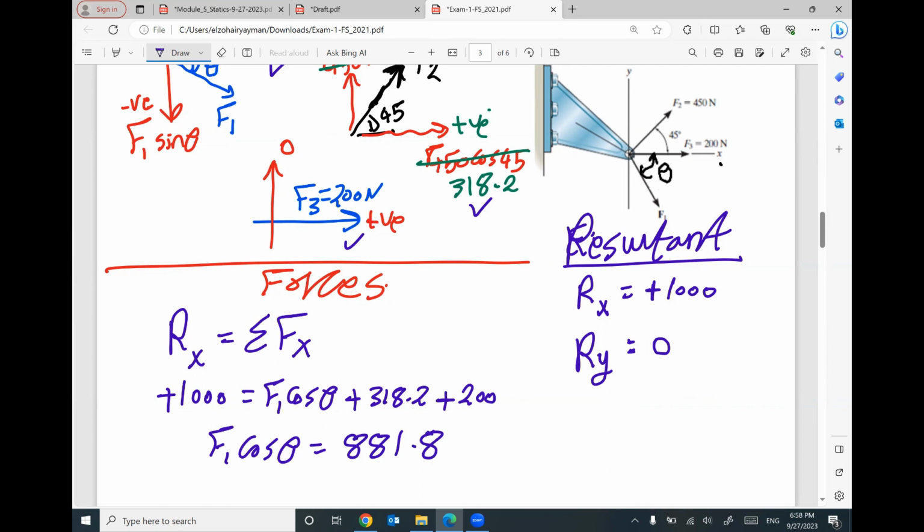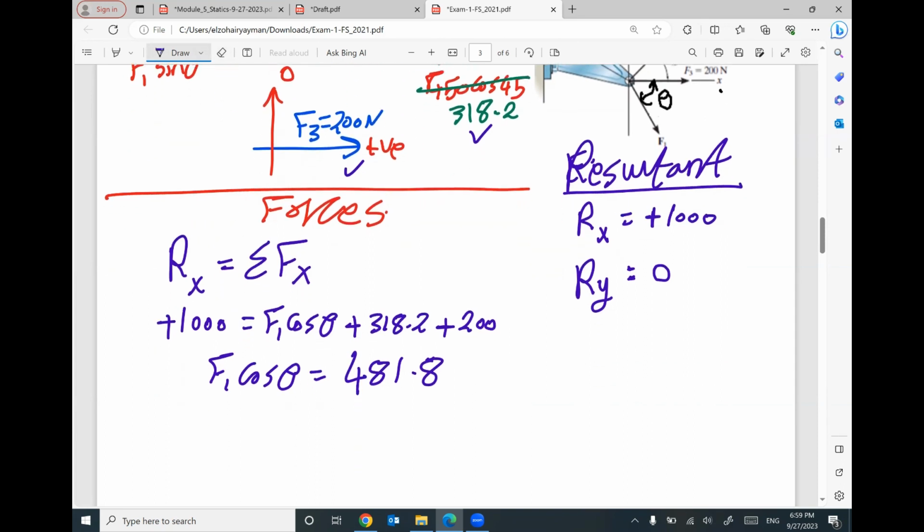I think I have a mistake here. Yes, we have a mistake. This one is 481.8.